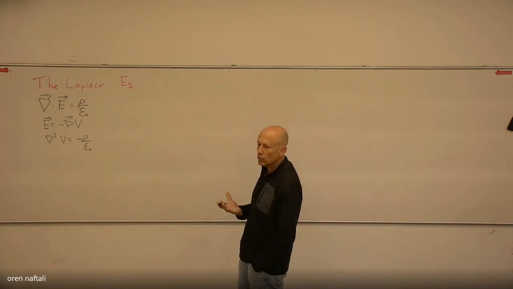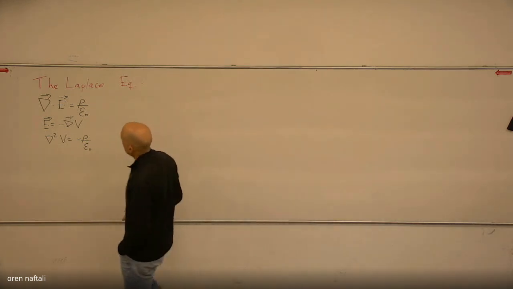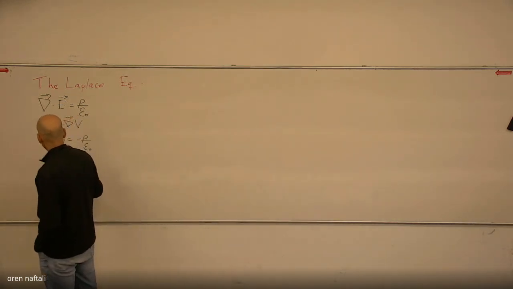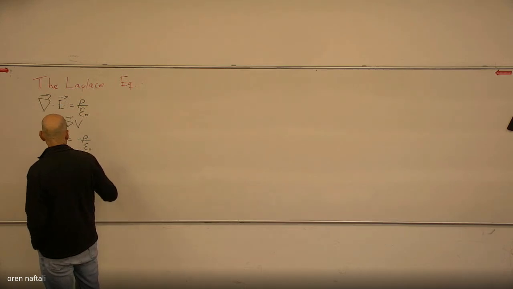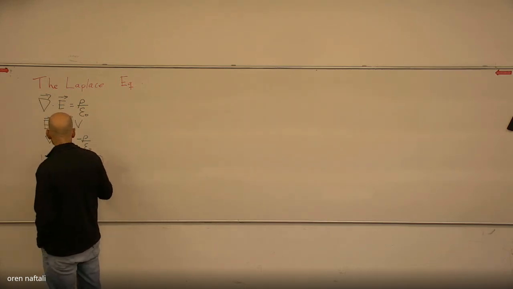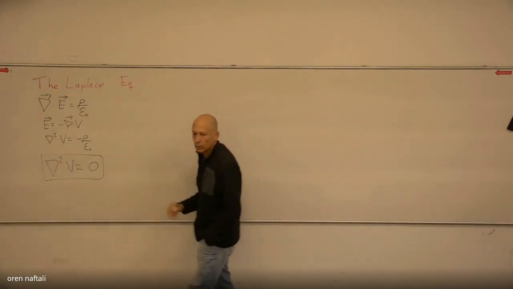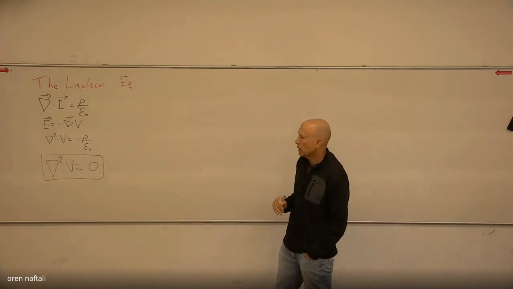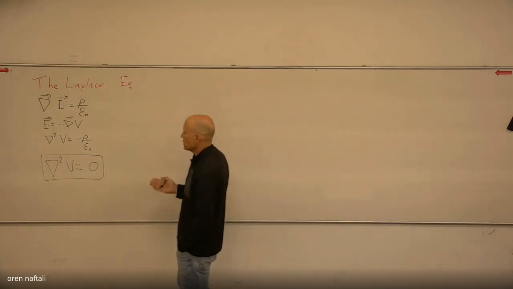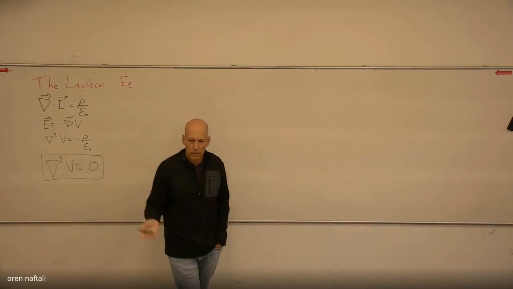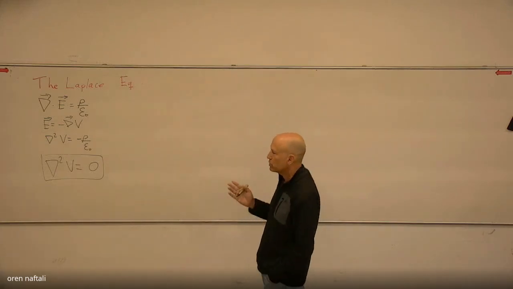And now what we're going to do is say goodbye to the density, and solve this equation, which may look a little bit silly if you don't know physics, because if we throw away the charges, there are no charges, and if there are no charges, then there is nothing, right, in electrostatics.